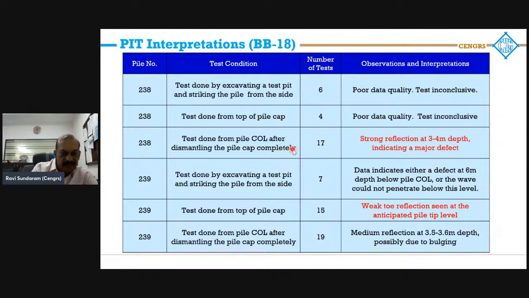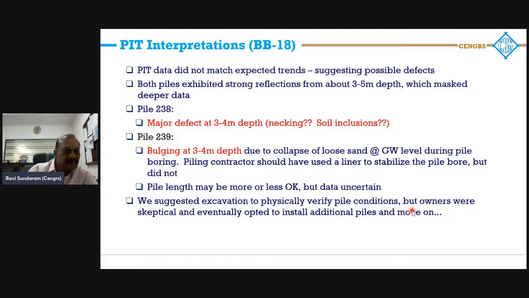Then, when we dismantled the pile cap, we got some strong reflections at 3 to 4 meter depth, indicating a major defect. It also indicated a weak toe reflection. The assessment was that around 3.5 meter or so, there could be some bulging, and then the toe was poor.